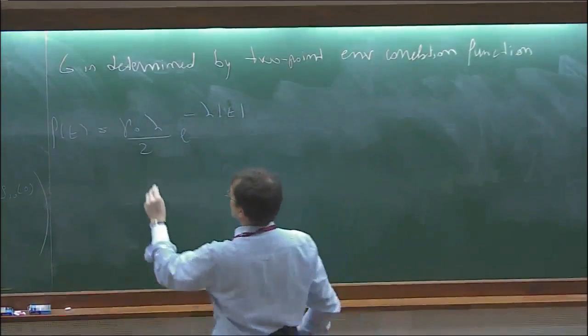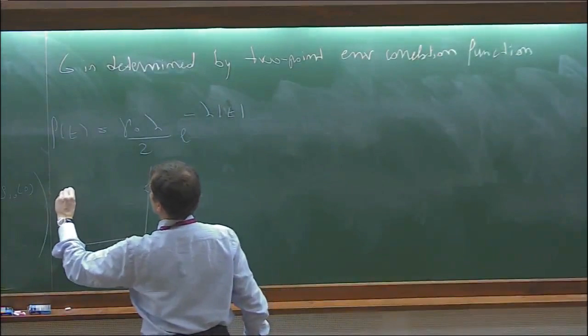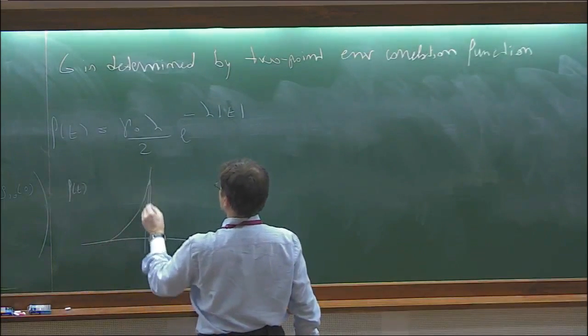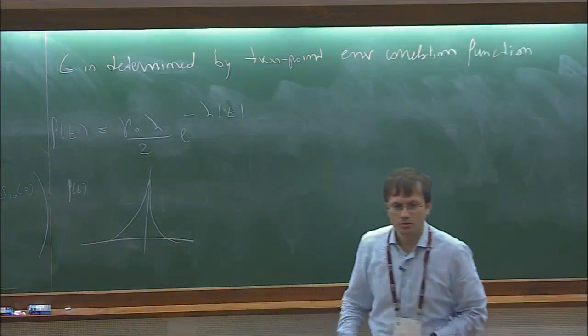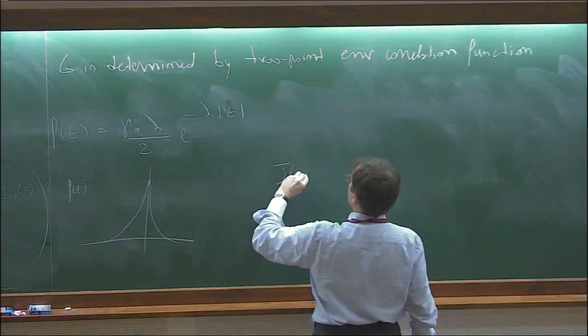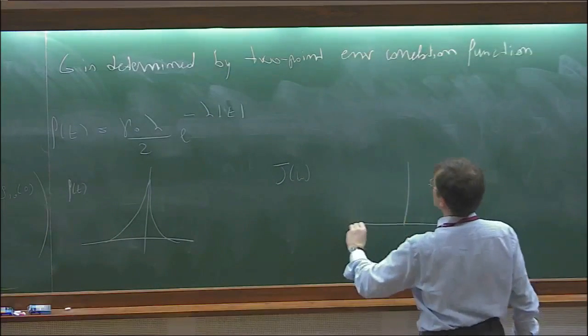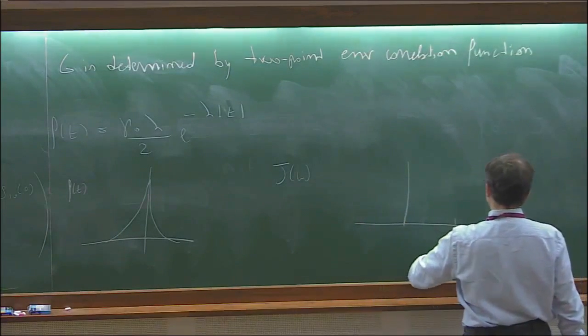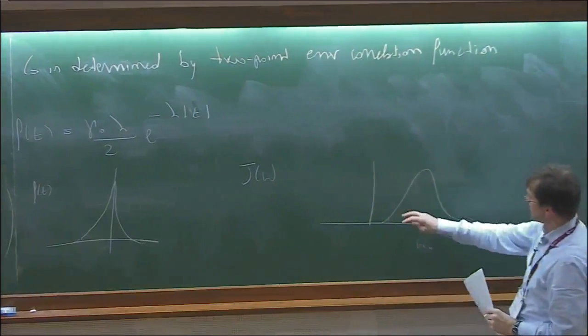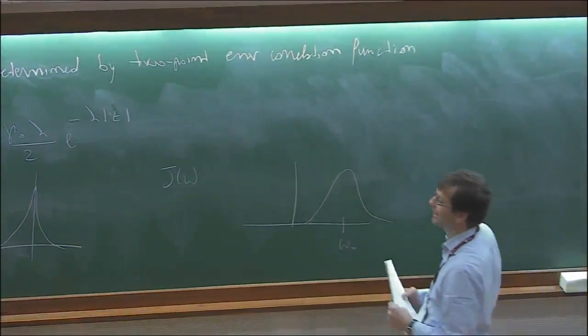And the Fourier transform of this object is a Lorentzian. So if this 2-point correlation function is roughly this expression, so it decays exponentially, then J of omega is a Lorentzian centered around omega 0. Okay, the pictures look similar, but it's meant to be a Lorentzian anyhow.